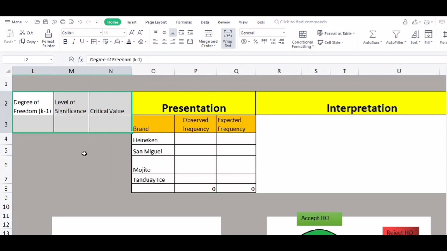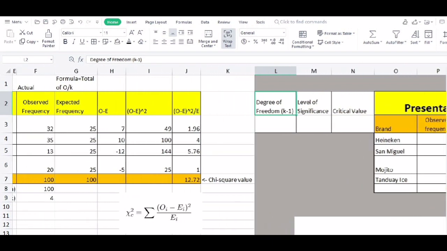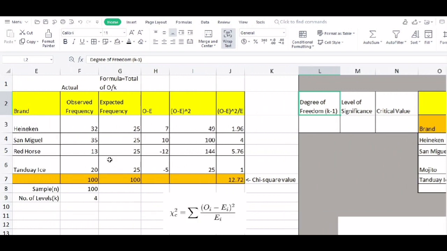Degree of freedom, so it means that it is the number of levels minus 1. And our number of levels, of course, that is 4, so equals 4 minus 1. Level of significance.